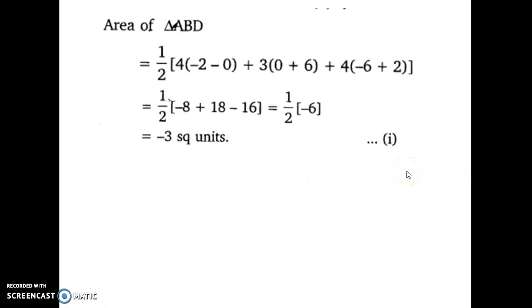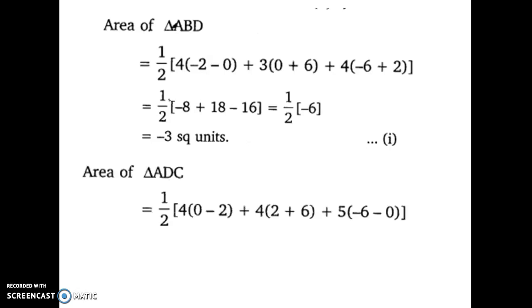Substitute in the formula and we got the area to be minus 3 square units. Don't worry whether the minus is right or wrong. It may come, but area will not be negative, so we take it as 3 only. Then the area of ADC, the second half of the triangle.